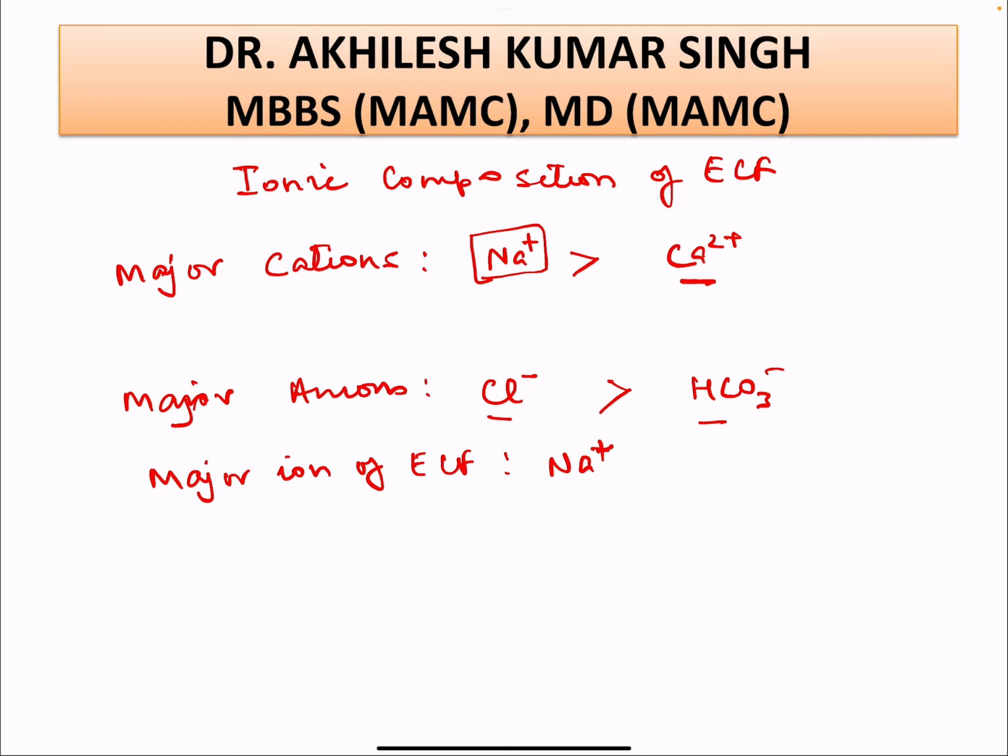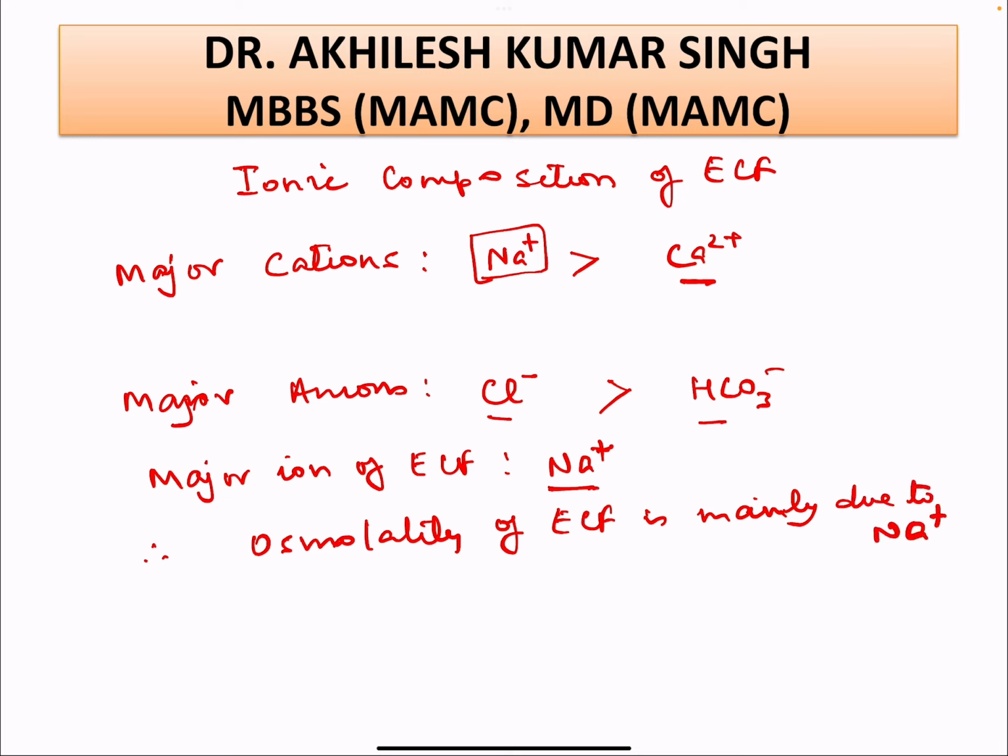So sodium will become the major ion of the ECF. And since sodium is the major ion of the ECF, the osmolality of the ECF will be mainly due to the sodium ion, because it is present in the highest concentration.